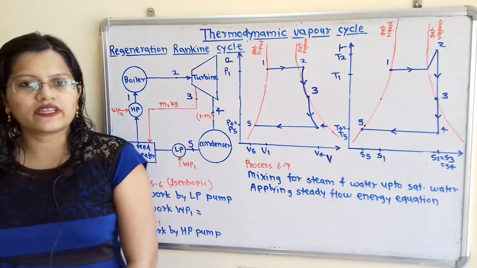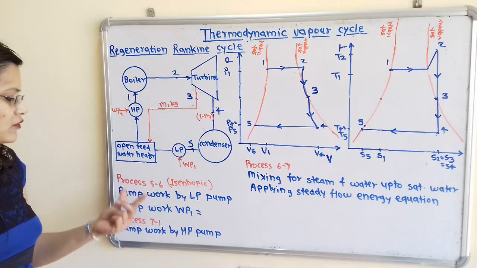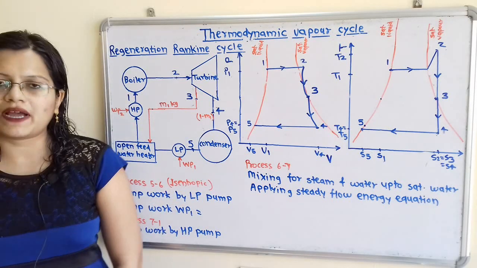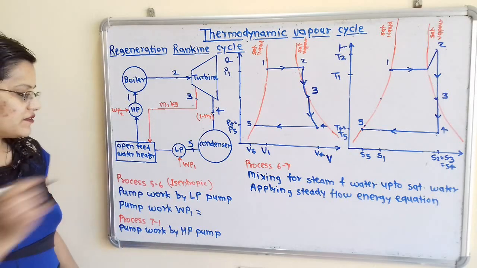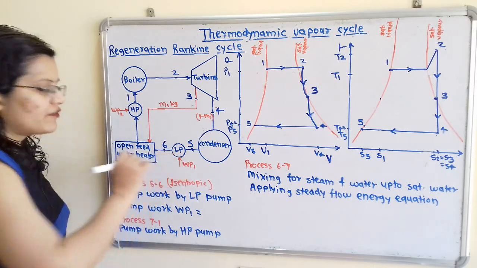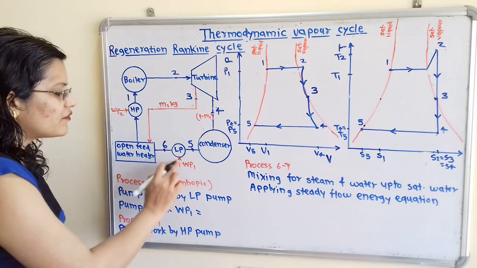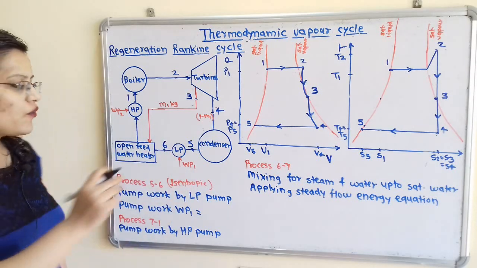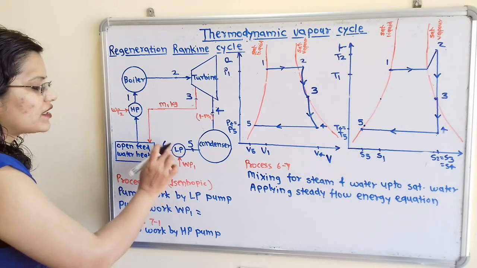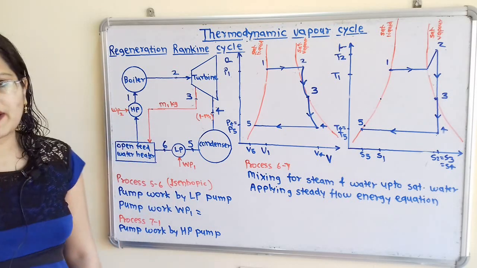Now we will move for the next process, process 5 to 6, which is pump work by low pressure pump. So we will show here process 5 to 6. Now if we observe, here is the work input which is known as WP1. Now what is the effect of the work input during the process 5 to 6?